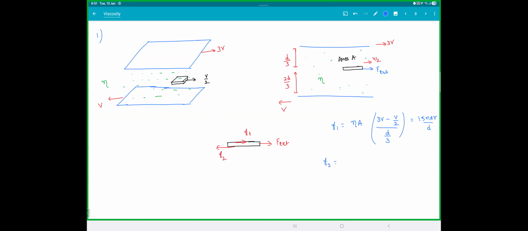F2 will be eta A, relative velocity is v by 2 minus of minus v by 2, over 2d by 3. That would be 3v by 2 into 3 by 2. That would be 9 eta A v by 4.